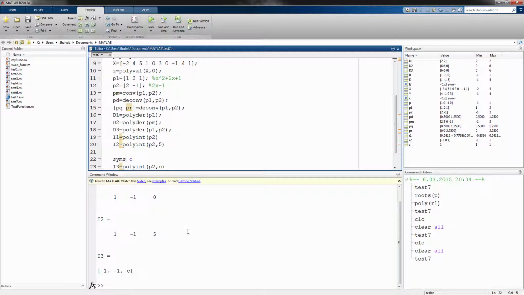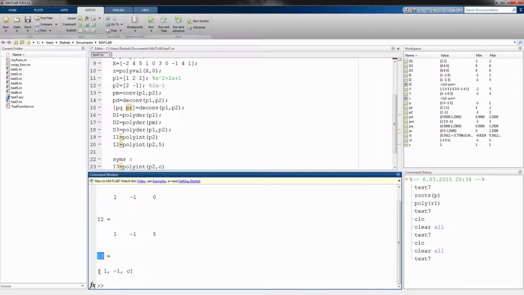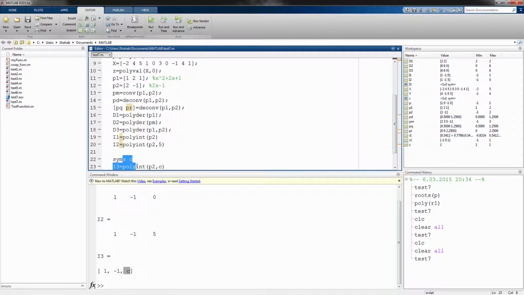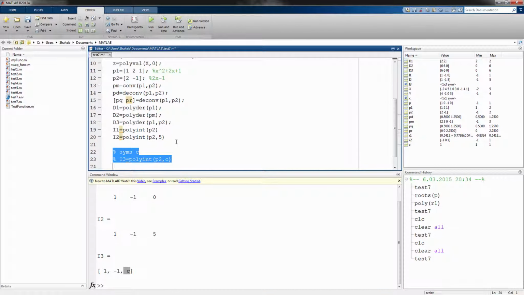And then when you run it, it gives you the results of the coefficients in a vectorial form, and we have x squared minus x plus c as a constant. But this is not something very useful because we can always consider c as 0, like you don't add anything, and then you can substitute the values.